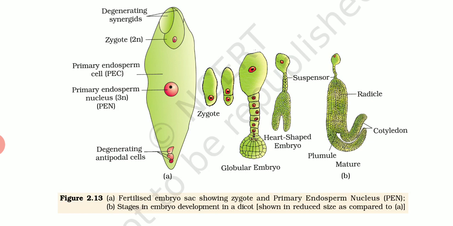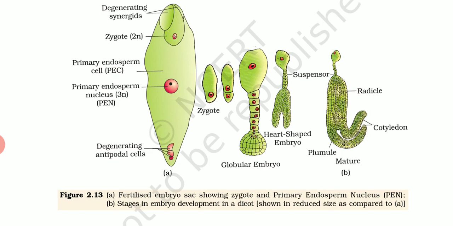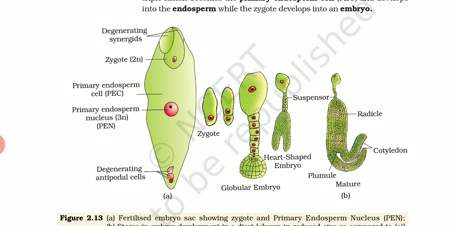Now look at the stages in 2.13. Look at A. In A, we have seen how the process of fertilization is completely over. Now let us see the subsequent stages here. The nucleus of the zygote forms one nucleus. It divides into two cells, the basal cell and the upper cell.